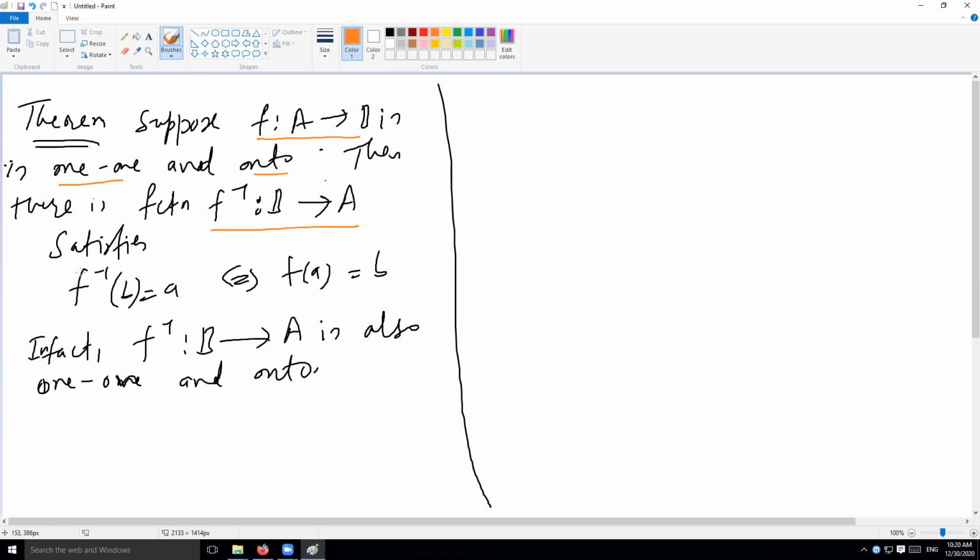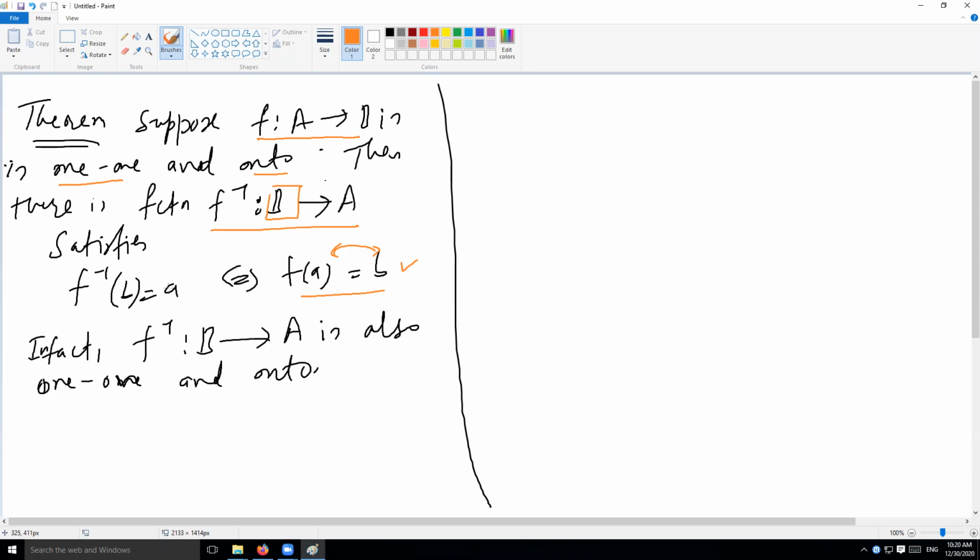Whenever f inverse is operated on b, which is an element of B, this would be equal to a, and which a? The a for which f of a is equal to b. So if f of a is equal to b, in other words, if b is the image of a under f, then a is the image of b under f inverse actually.